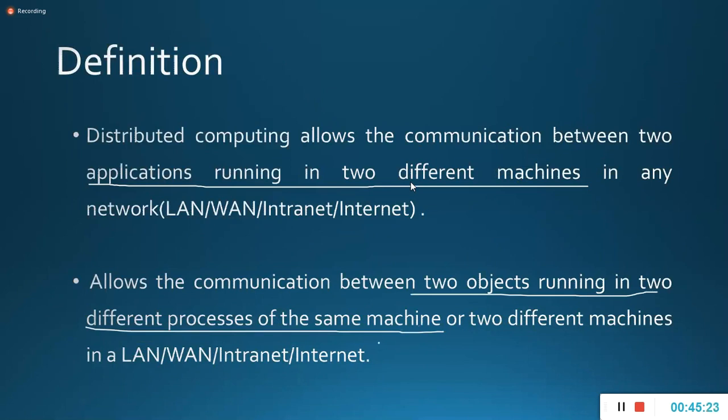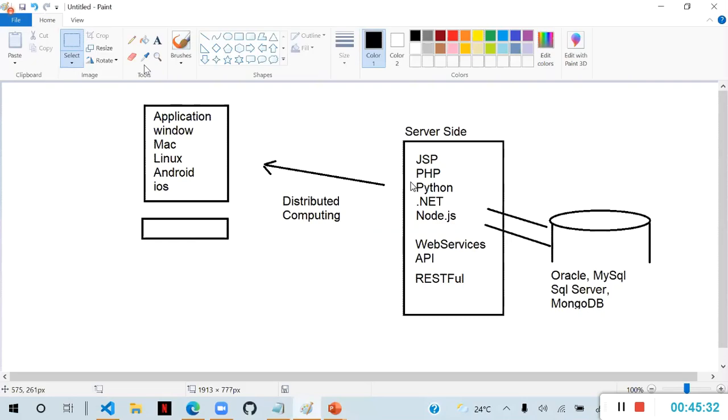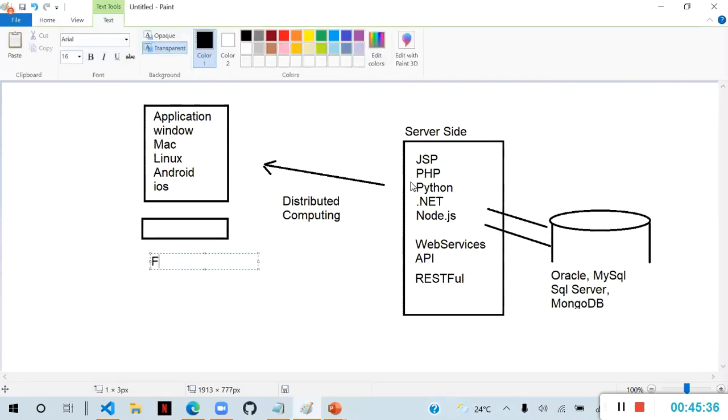That means two computers, two applications, server application, client application. I told you in the introduction also, suppose on your mobile you are using a Facebook app. The Facebook app and Amazon app that you are using on your mobile are not just mobile apps.